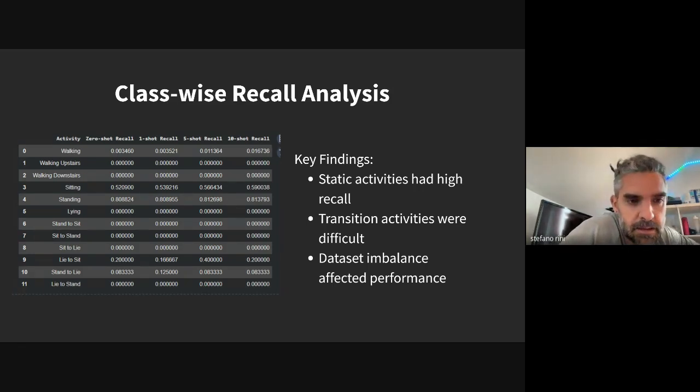Of course, walking is the most frequent one. Sitting and standing are the most frequent, but you see that the number of samples per activity is very low in these last 5, right? And we saw the clustering images before. Basically, it was never assigned there, right? So my suspicion here is that some of the classes just have no samples, so it's very difficult to learn. Okay, go ahead.